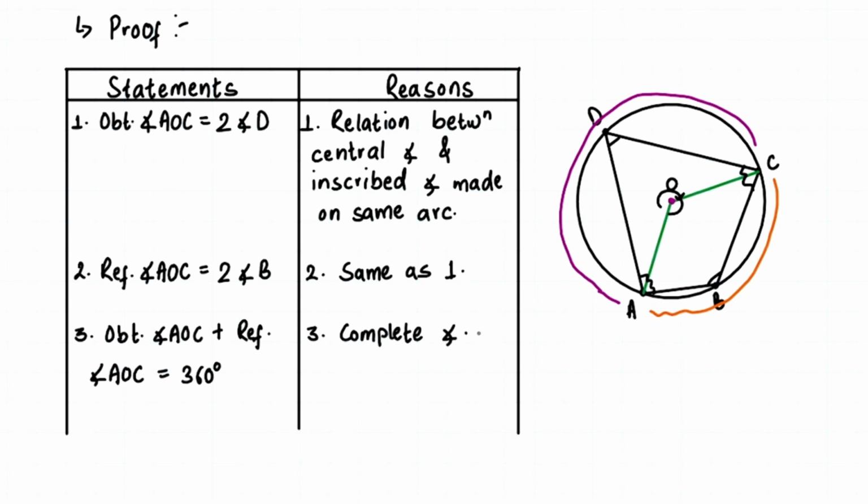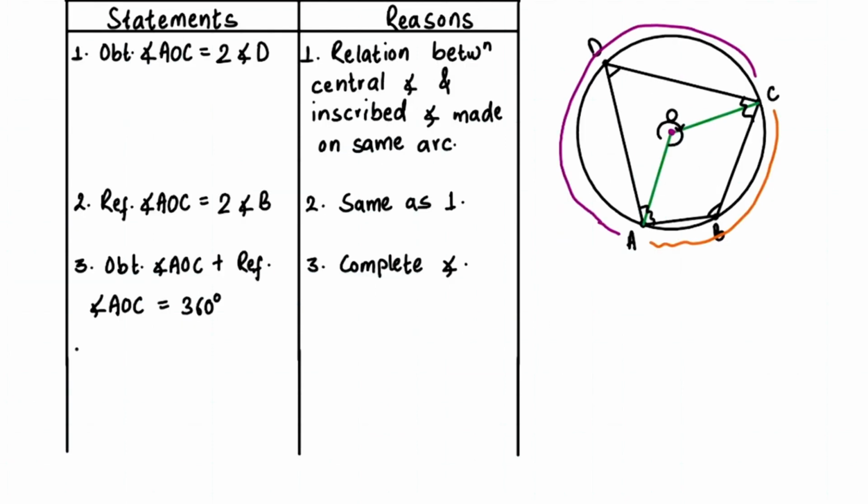Now we are going to write a new statement by combining all these 3 statements. So instead of this obtuse angle AOC, we are going to write 2 angle D, and instead of this reflex angle AOC, we are going to write 2 angle B, because reflex AOC is equal to 2B and obtuse is equal to 2D.